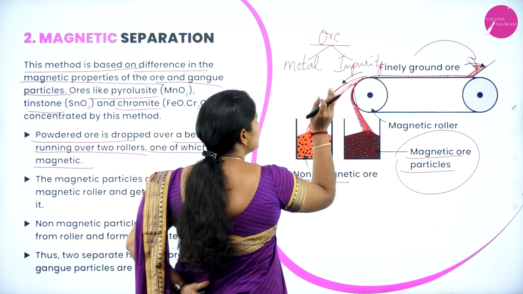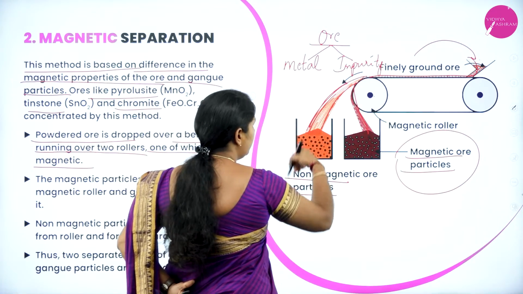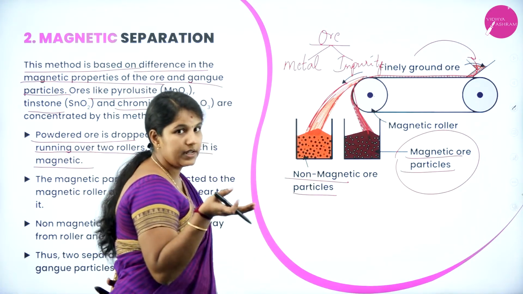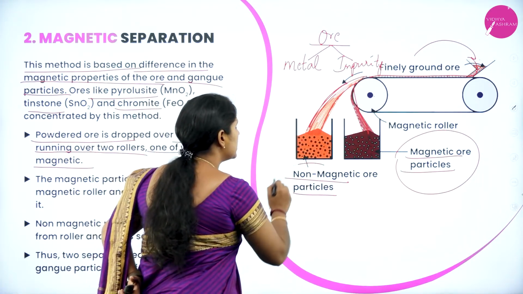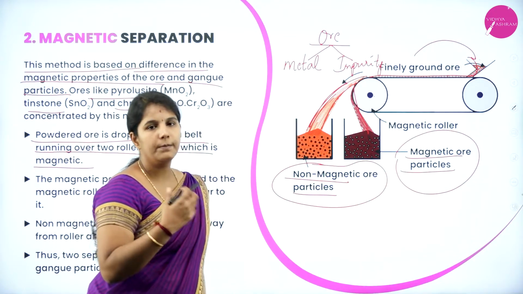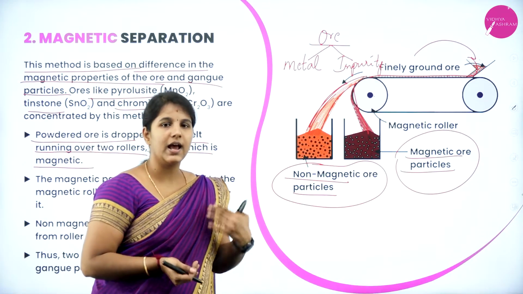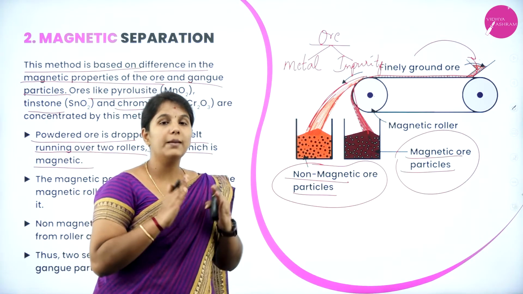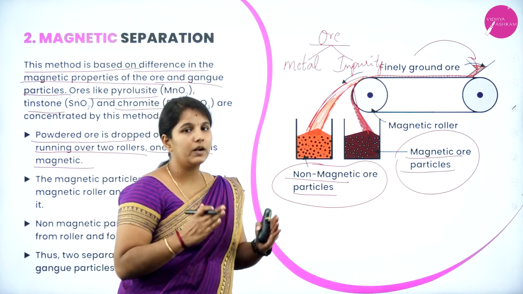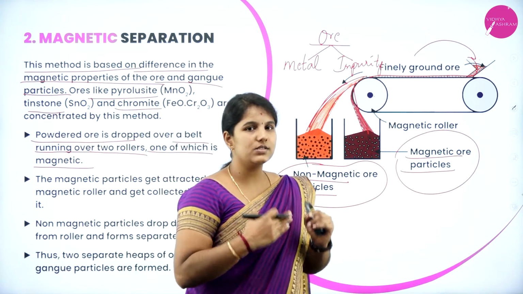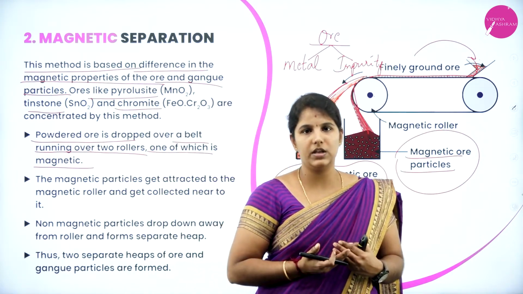If the particles are not attracted towards a magnet, they will be separated out in a separate container and are known as non-magnetic ore particles. This is how they separate the impurities from the ore based only on the magnetic property differences. Hence, it is known as magnetic separation.